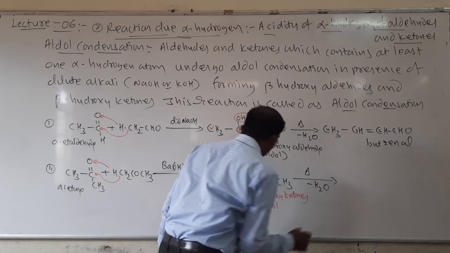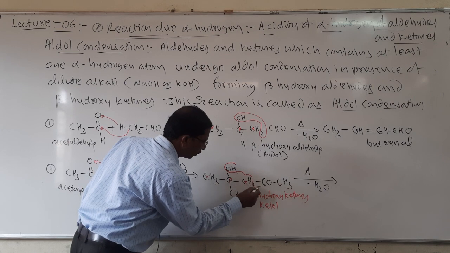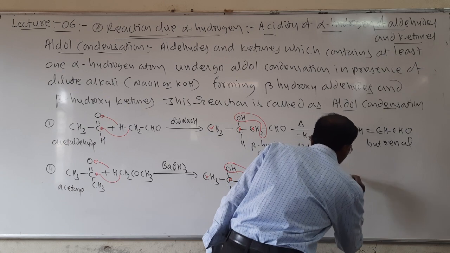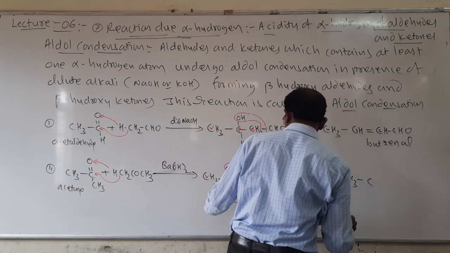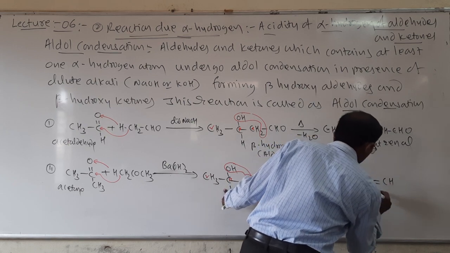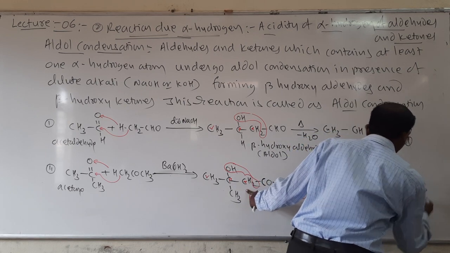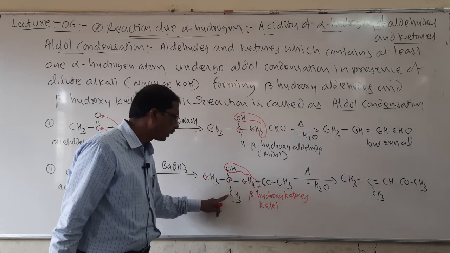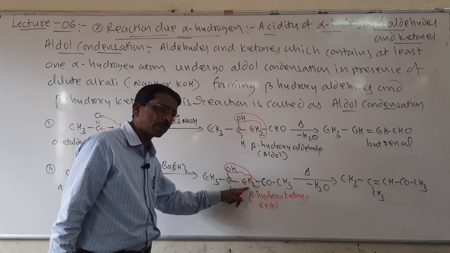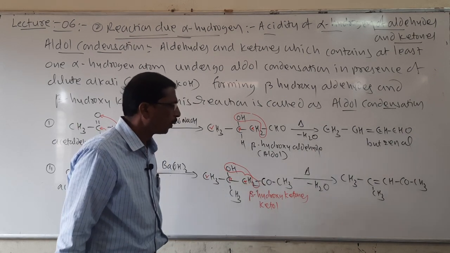it loses a water molecule. Look here, the water molecule is removed here, and then it forms the product CH3C(CH3)=CHCOCH3. Look here, students, OH is removed, one hydrogen atom is removed, a double bond occurs here, and then it is CH, COCH3.